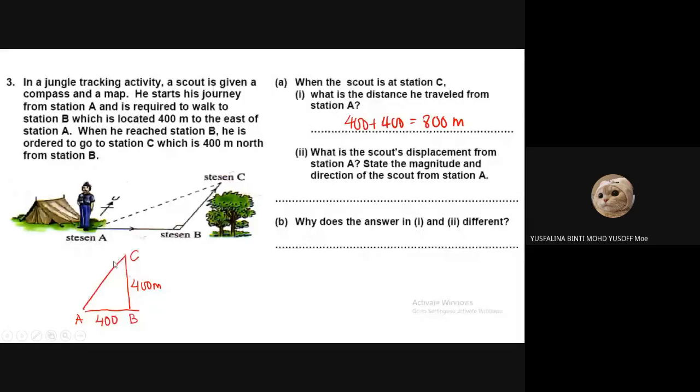So use the theorem of Pythagoras. 400 square plus 400 square is equal to AC square. Then you have to find AC, the length of A and C. Just use your calculator.